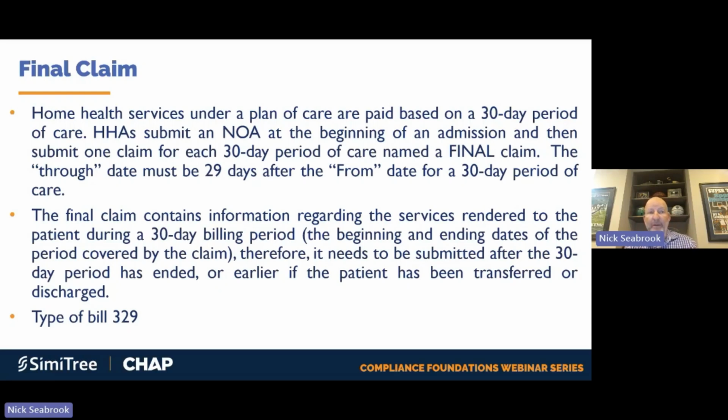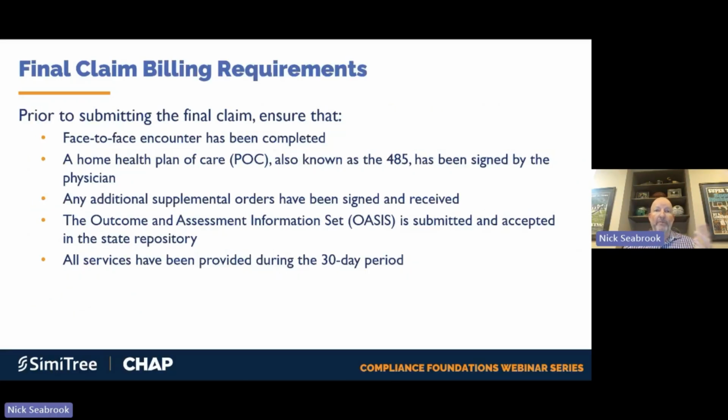You could be at risk of billing a claim without all the visits on there that need to be on that claim. So it's important to make sure that you have the proper number of days set up from a billing lag time, is what that's referred to as. How it works, as you can see there, the type of bill that's going to be billed is a 329, and hopefully 14 days later, you're going to get payment.